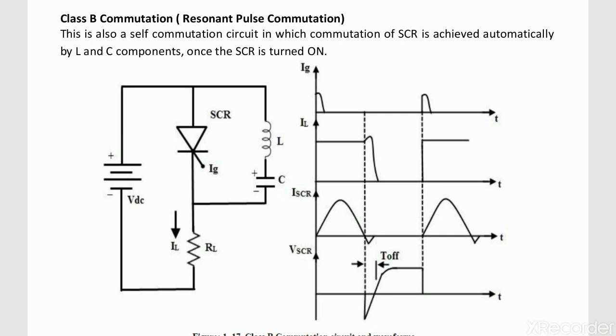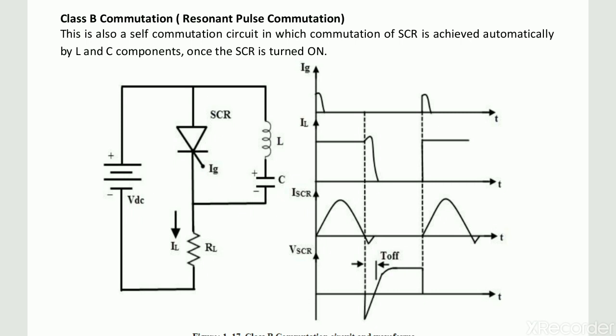As the capacitor charges with reverse polarity, the upper plate will be negative and the lower plate will be positive. So the same positive polarity appears across the cathode terminal of the SCR, and ultimately the SCR turns off. So this is the basic principle in the class B commutation.